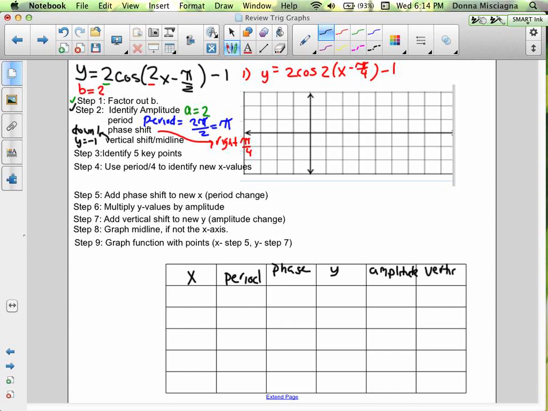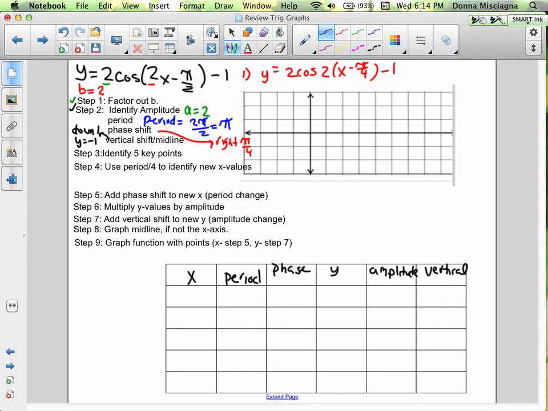These are all placed so that they obey order of operations. Amplitude is multiplication, which comes before addition and subtraction, PEMDAS. Period is not exactly multiplication, but it is a sort of multiplication. We're affecting our x values and changing them.